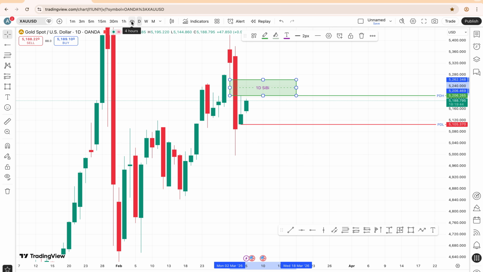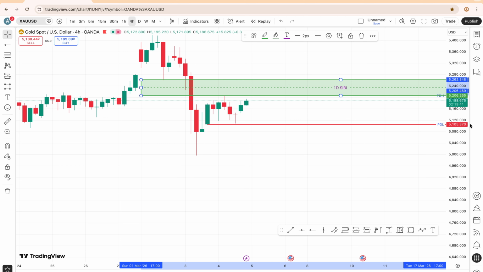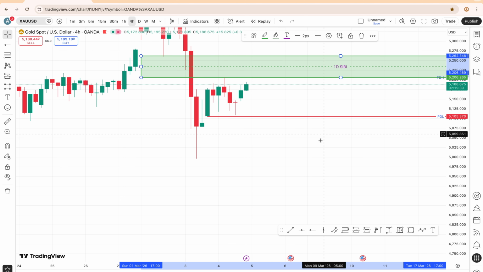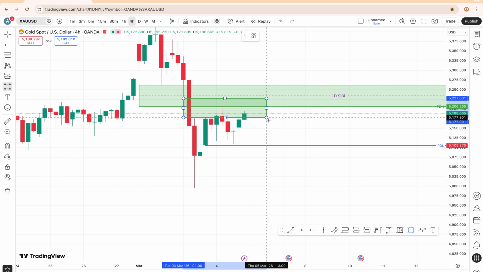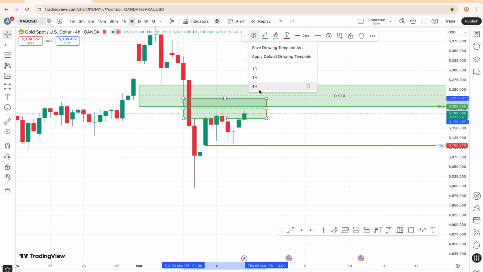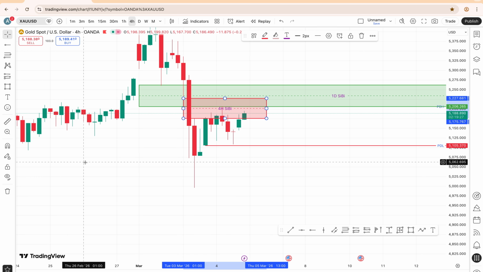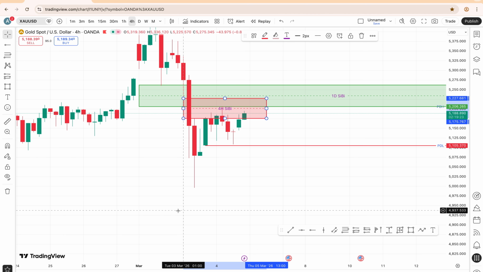We now move on to the 4-hour chart, and you can see that there is a 4-hour SIBI overlapping with the one-day SIBI. There are fewer, as you can notice. The day starts at 1500 hours.